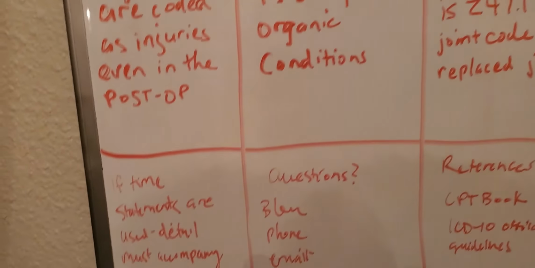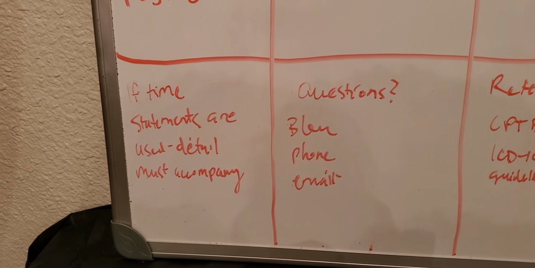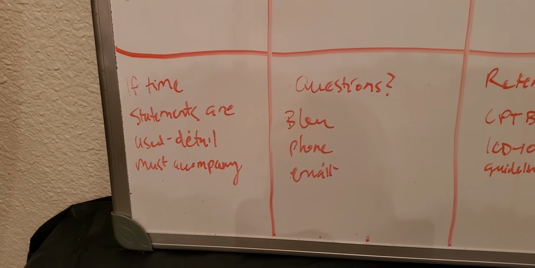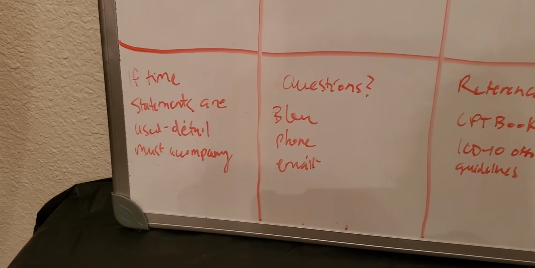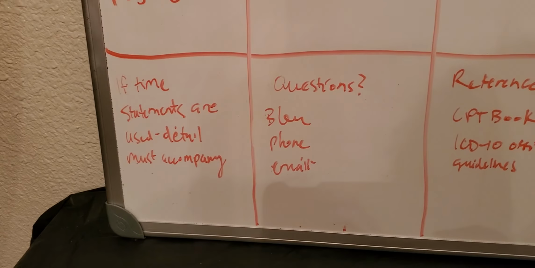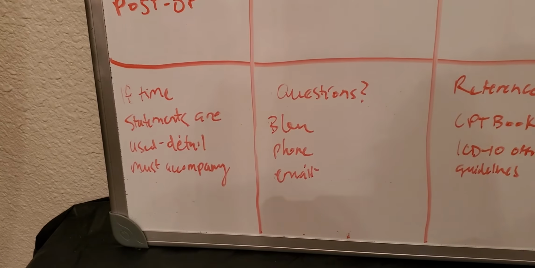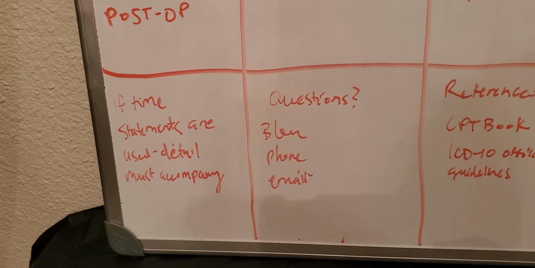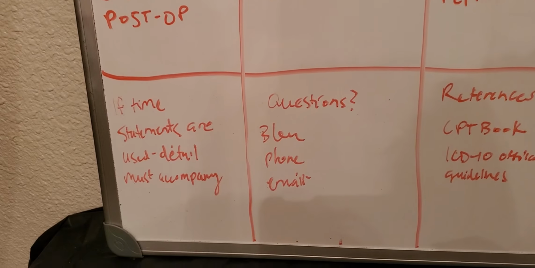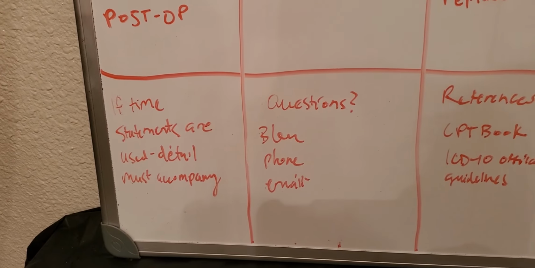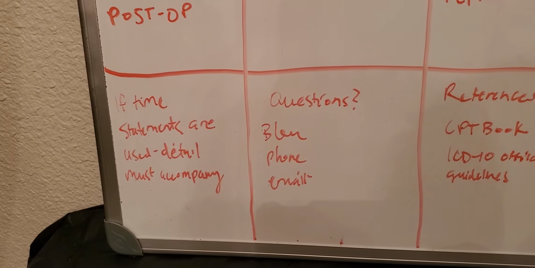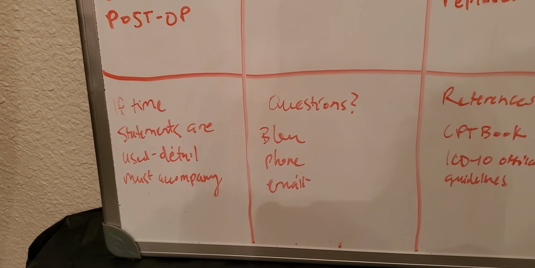Okay. And then we have, if time statements are used, detail must accompany. Sometimes when providers want to use coding based on time, they will just select the amount of time. They'll say, I spent a total of 30 minutes with the patient. Greater than 50% of this time was spent counseling and coordinating care.